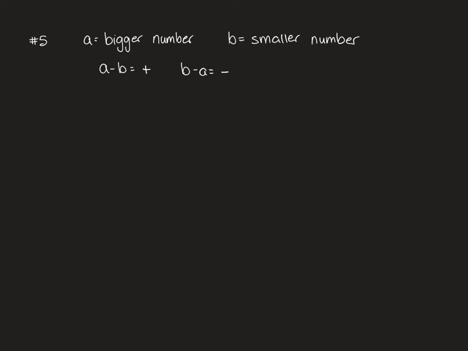So basically what we're saying is, if a is always the bigger number and b is always the smaller number, when we do a minus b, so bigger number minus smaller number, we get a positive answer. You'll notice that all of our units apart answers were positive. When we reverse it and we do the smaller number minus the bigger number, it'll be the same numeral, but it will be negative. So you'll use the same number, but you will change the sign.